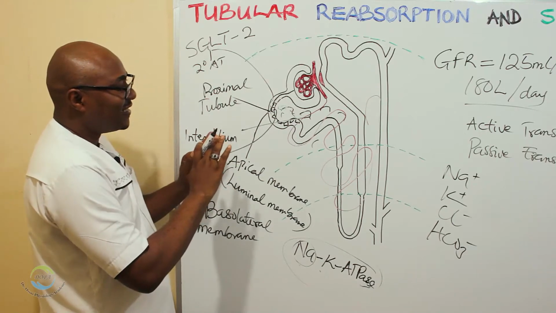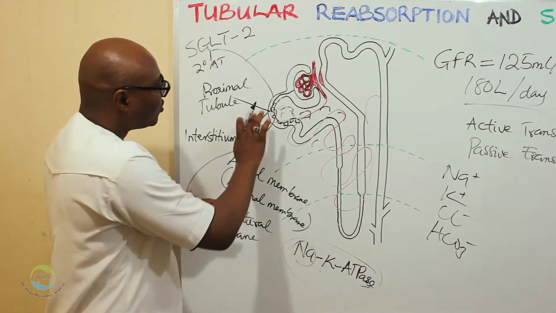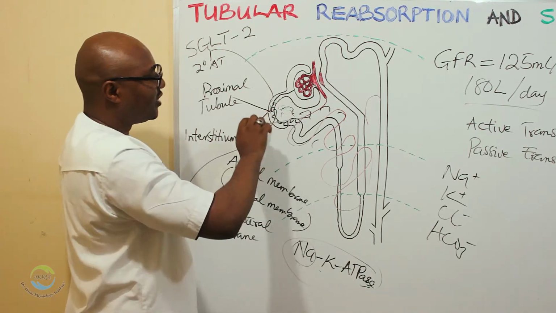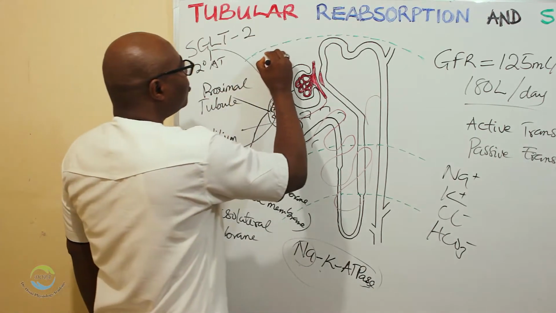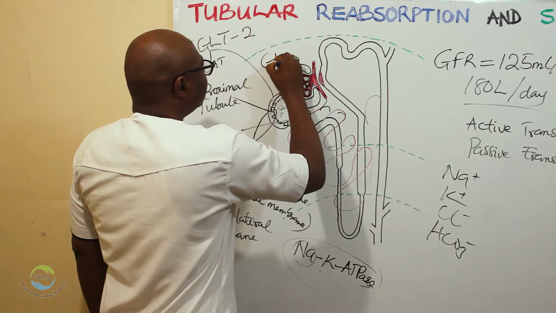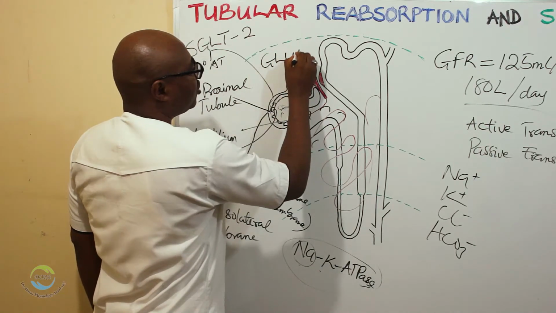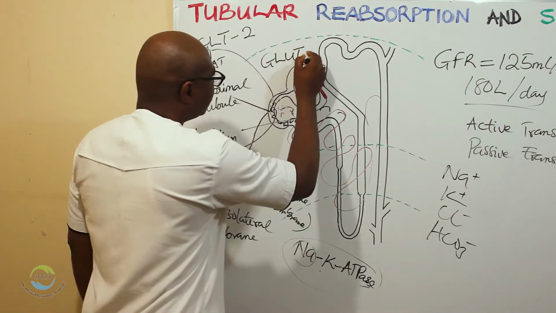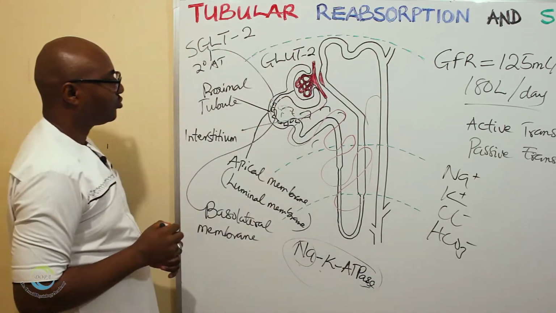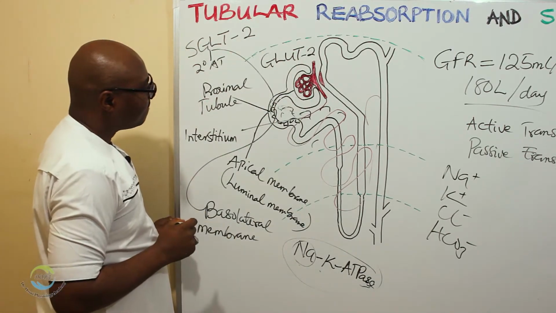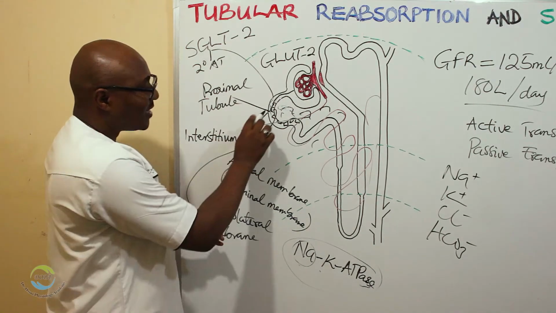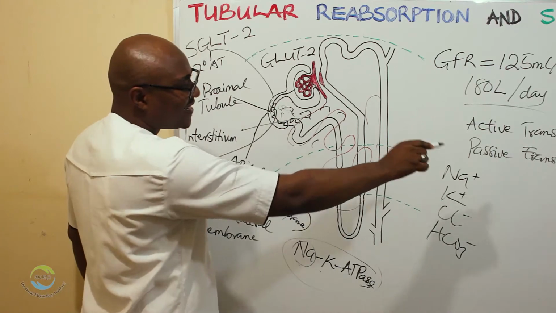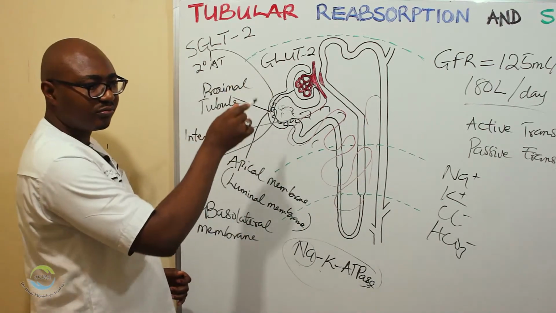And the transporter that takes glucose across the basolateral membrane into the interstitial fluid is called glucose transporter, GLUT2. Okay, you have GLUT1. All right, so that's what happens. And this is called facilitated diffusion.